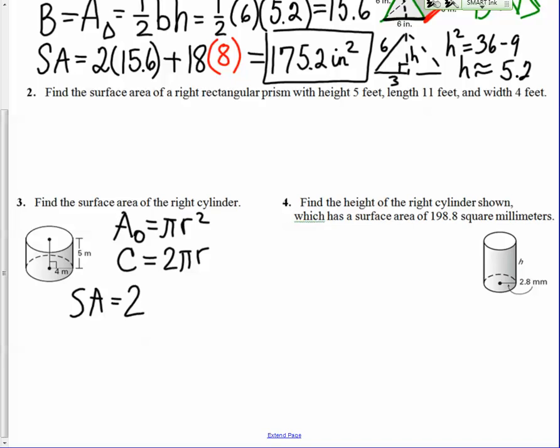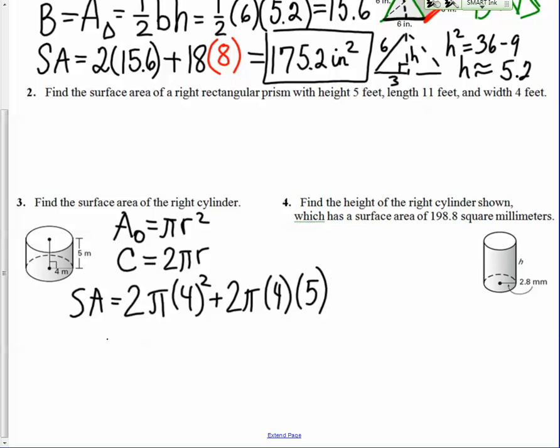So 2 and then pi r squared, pi, my radius is given, it's 4 squared, plus then circumference times the distance between the bases. So it's going to be 2 pi, and then comes the radius again, 4, and the distance between the bases is 5.